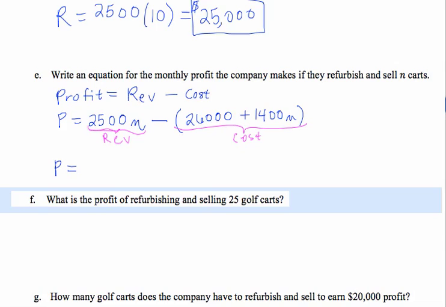You may or may not have seen this, so let's review it. We needed these parentheses here because there's a plus sign. Whatever is out front, whatever's being multiplied by everything in the parentheses gets distributed. So the minus sign gets multiplied, or you can think of this as minus 1, times everything on the inside of the parentheses. So this is really 2,500 N minus 26,000 minus 1,400 N.